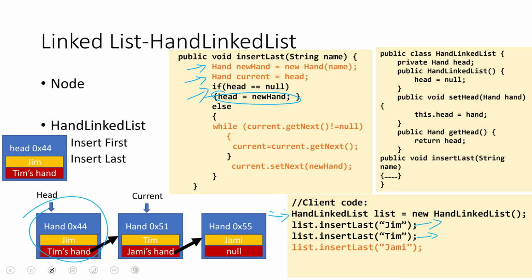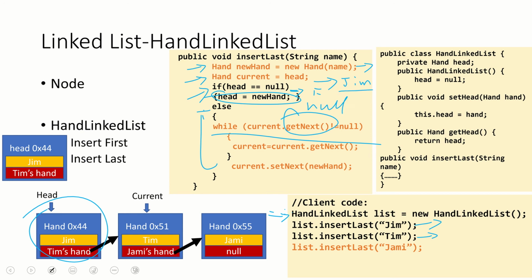Then we go to this line, we create a team. So team is new hand, and the head right now is Jim, right? So obviously right now this is return false. We need to go to the else statement. In the else statement, we need to check whether they are the tail or not. So the condition to determine the tail or not is get next, whether it is none or not.